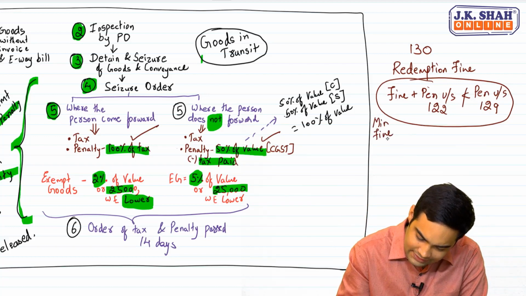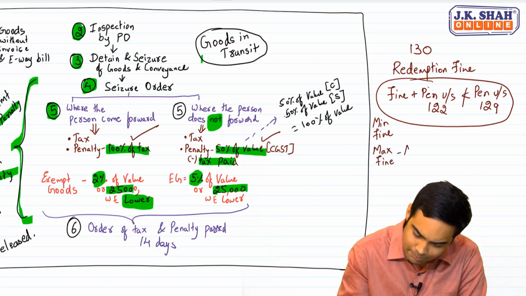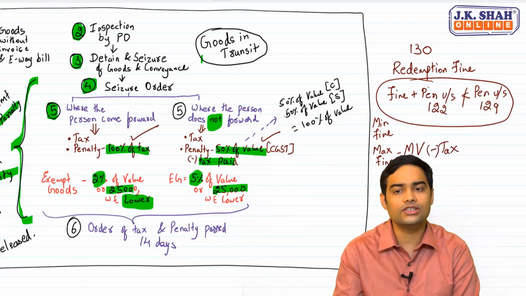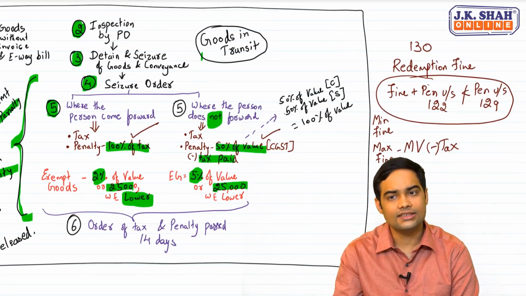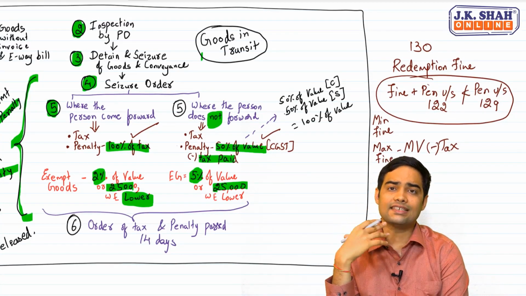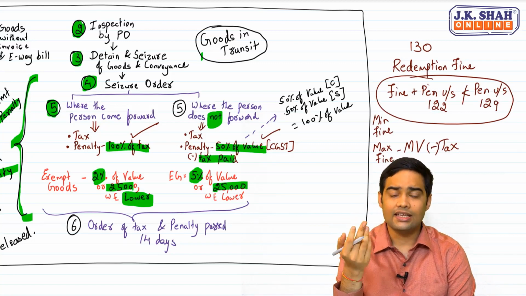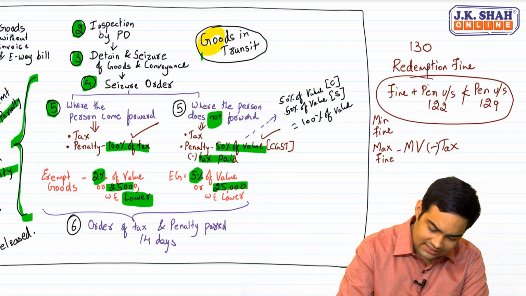Sir, what is the maximum fine? The maximum fine is the market value of the goods minus tax. That's the maximum fine. Clear with this? So this is section 130, where, remember one thing, section 130 is much wider. See, section 130 confiscation can happen for goods in transit.